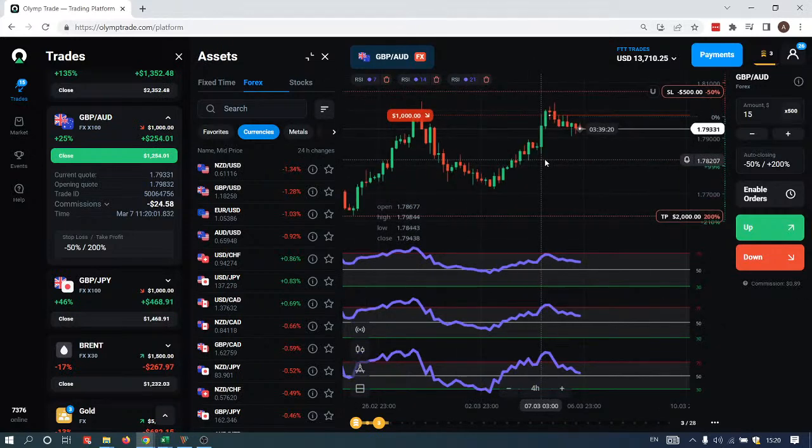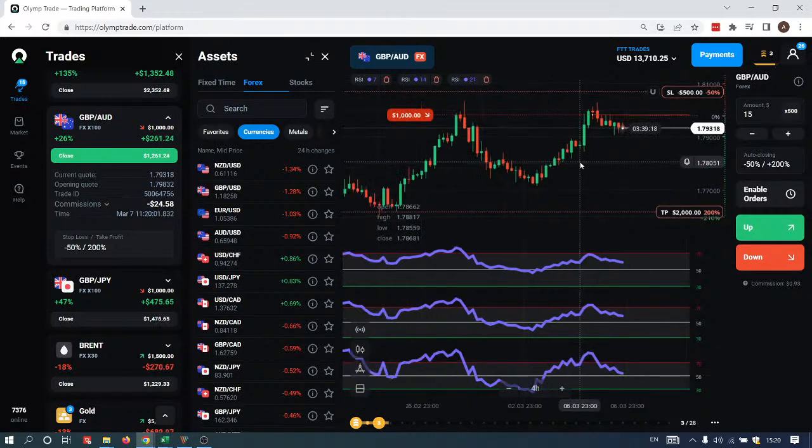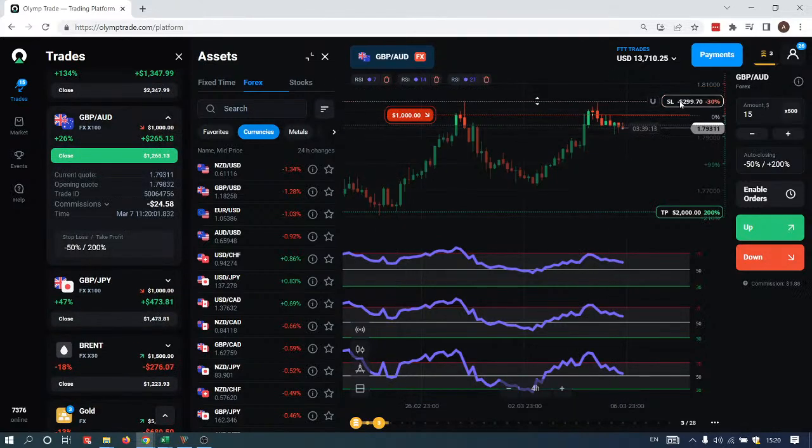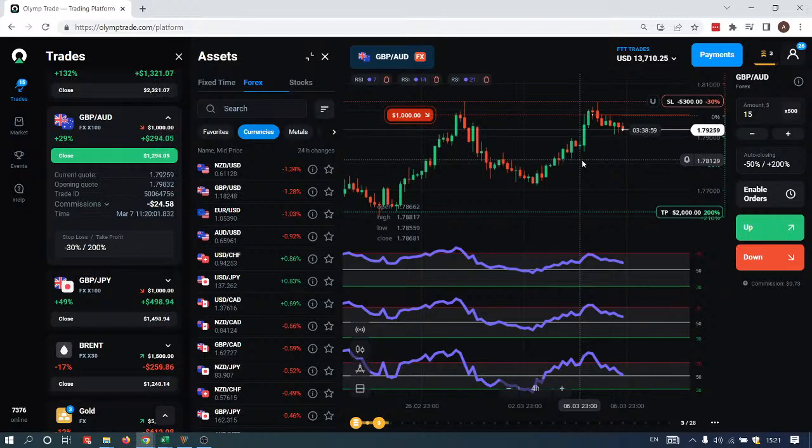So here is another pattern, which is a very strong pattern, called double top formation. As you can see, we can call it twin peaks, right? So we have peak number 1 and peak number 2.